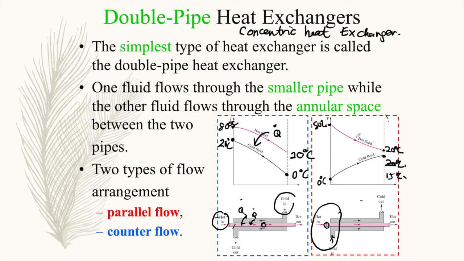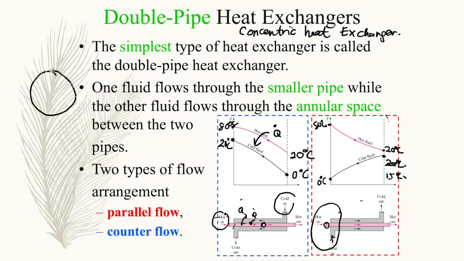So what is a double pipe heat exchanger? As you can remember or try to recall, previously in internal forced convection, we already introduced you to the annulus, where we have a pipe in a pipe.